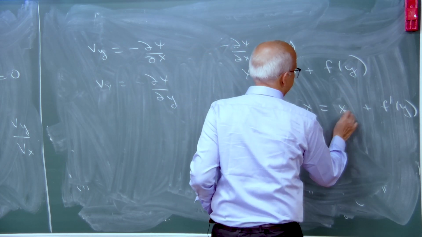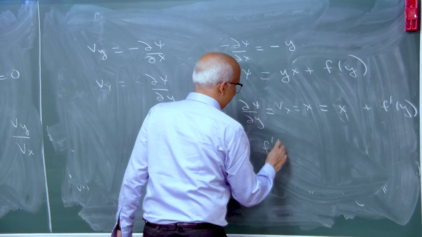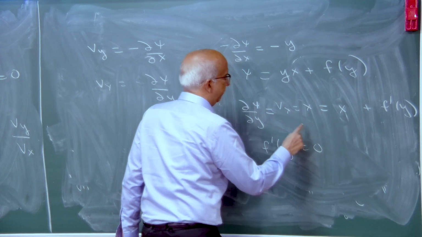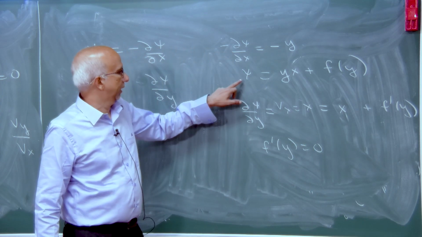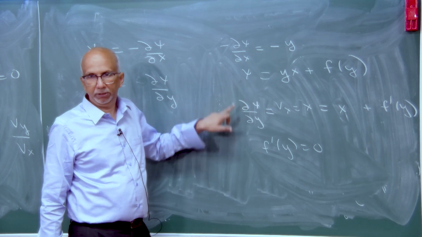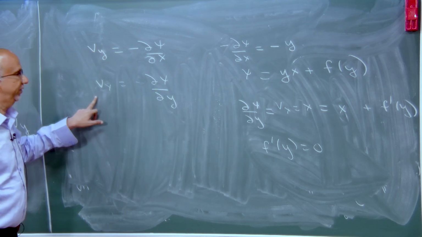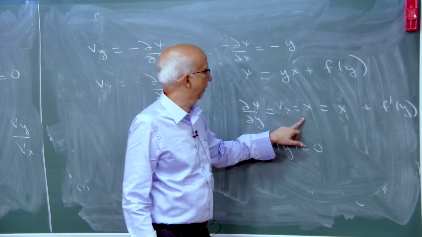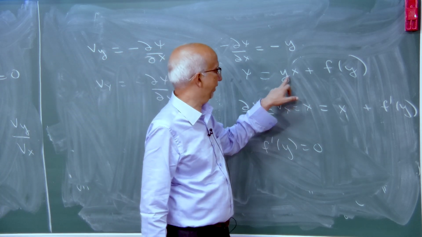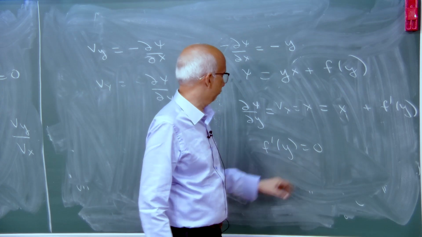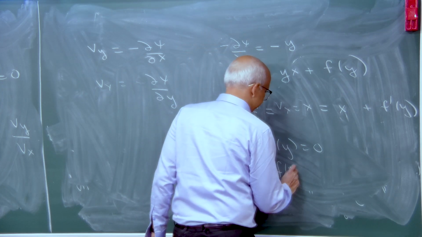So, f dash of y equals 0. All I am doing is I am differentiating this with respect to y. D psi by dy is nothing but Vx, which is x. Differentiate this with respect to y, I get x, x cancels, f dash y equal to 0. So, f of y is a constant.